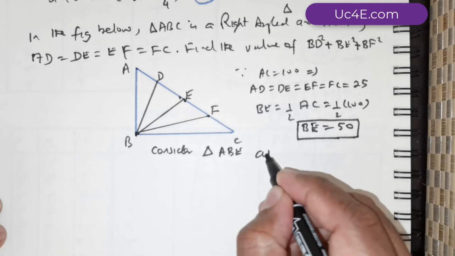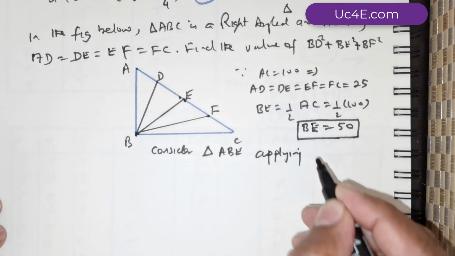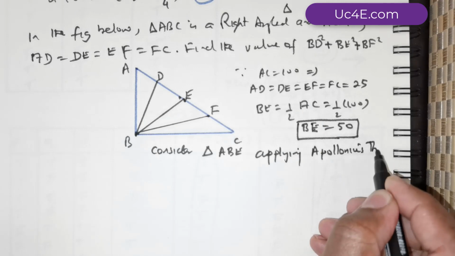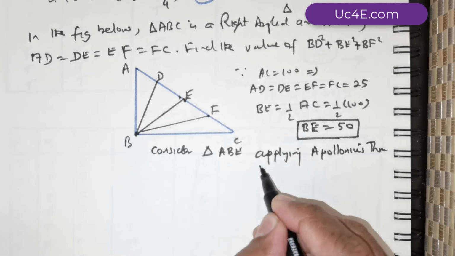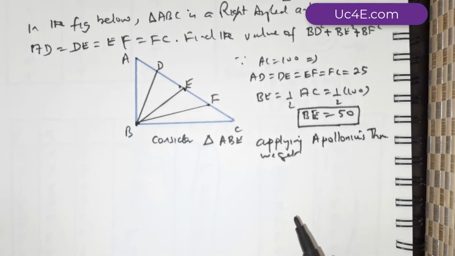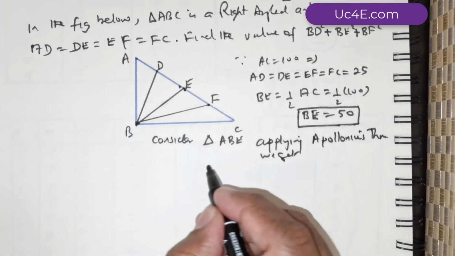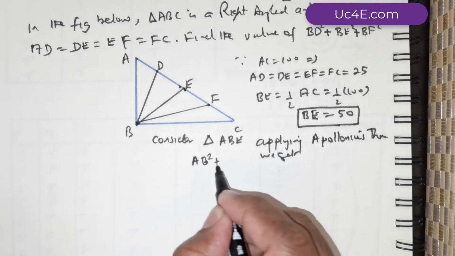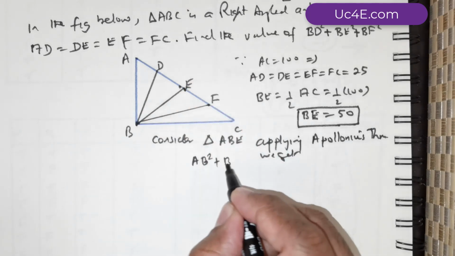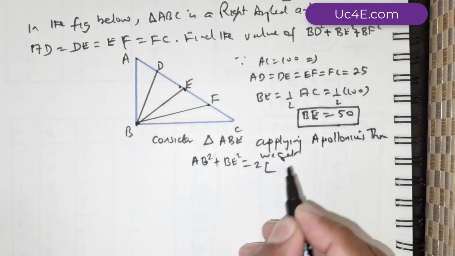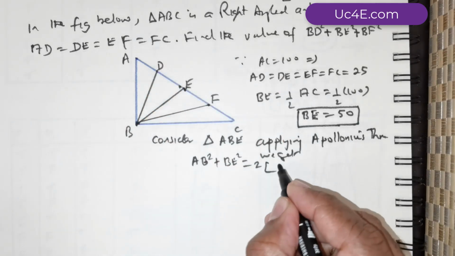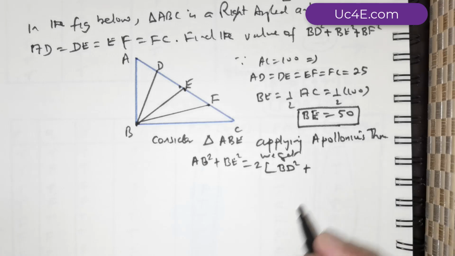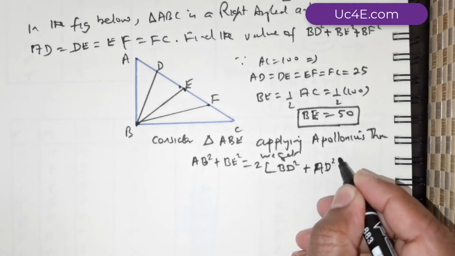So applying Apollonius Theorem, we get, so what do we get? This is going to be AB squared plus BE squared is equal to 2 times the median BD squared plus AD squared.